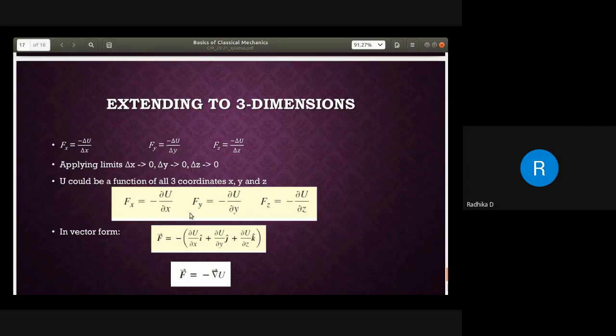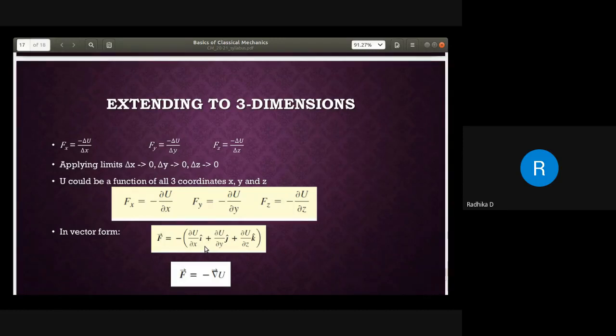Unit vector, we said already, i is the unit vector in x direction, j in y direction, k in z direction. Now this thing I can just rewrite by taking out U. I will end up getting i ∂/∂x plus j ∂/∂y plus k ∂/∂z of the potential energy U. What is that, i ∂/∂x plus j ∂/∂y plus k ∂/∂z?